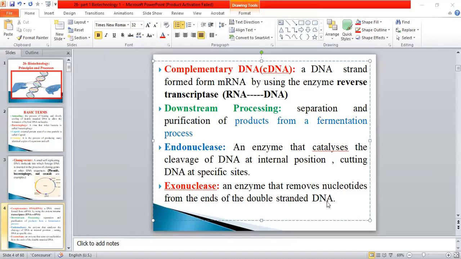If you want to eliminate or remove a particular nucleotide with the help of an enzyme, it is called exonuclease. So this is very, very important, my dear. Don't forget the complementary gene and downstream process, and endonucleases and exonucleases. These are the important technical terms used in these lessons.